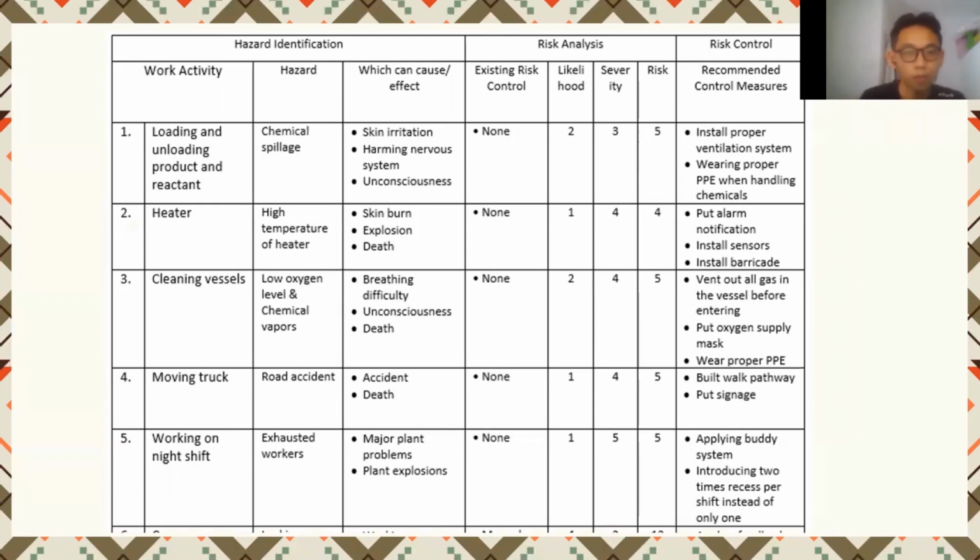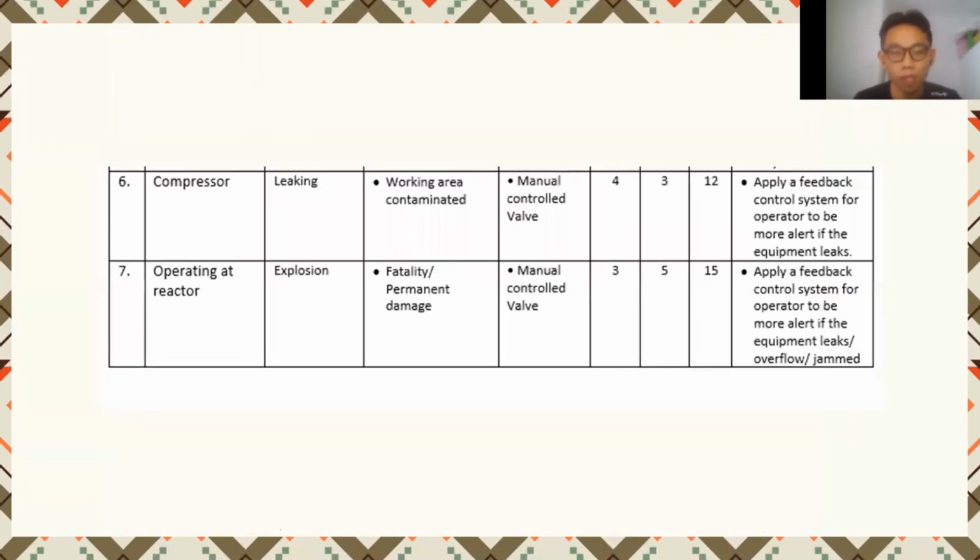So from the list over here, you can see that from item number 1 to item number 5, there's only low risk work hazard identification, for which we already recommended all kinds of practice and exercise that need to be implemented. For items number 6 and 7, which are mechanical hazard identifications, the risk reached a medium level, which is number 12 and number 15.